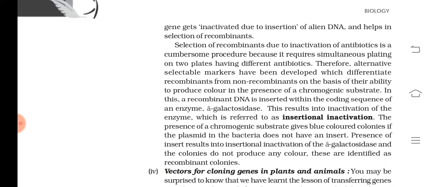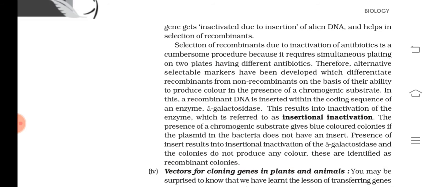The one which has the recombinant DNA will not be able to live in a medium having that particular antibiotic, because their antibiotic resistance is lost due to the insertion of the gene of our interest. And this, as I told, is a very tedious process, as simultaneous plating of the colonies is needed in two plates having different antibiotics.